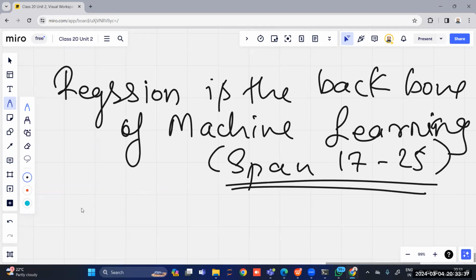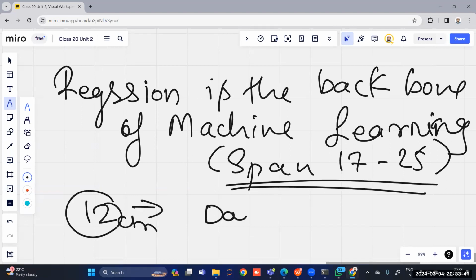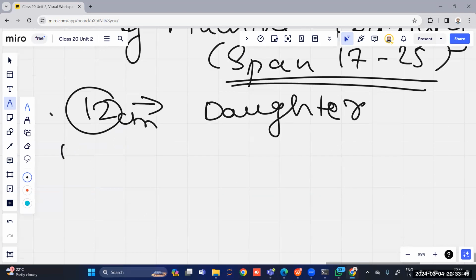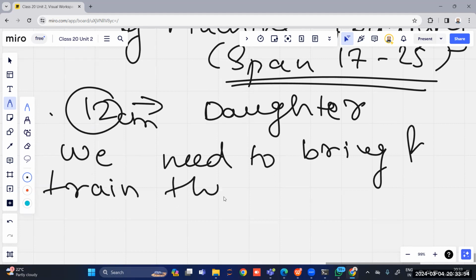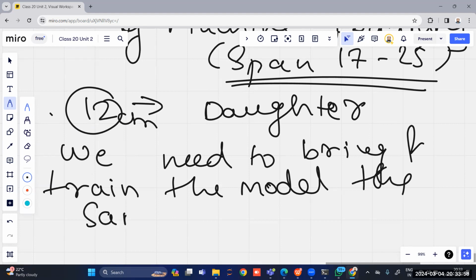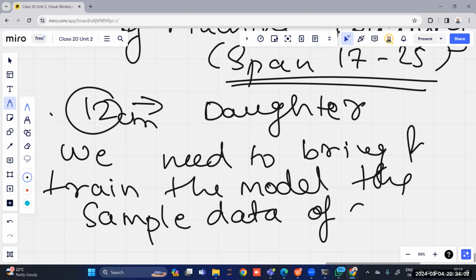Now, if we want to calculate the number of candies for a 12 centimeter hand span of a daughter, we need to bring and train the model on sample data of children's hand span.